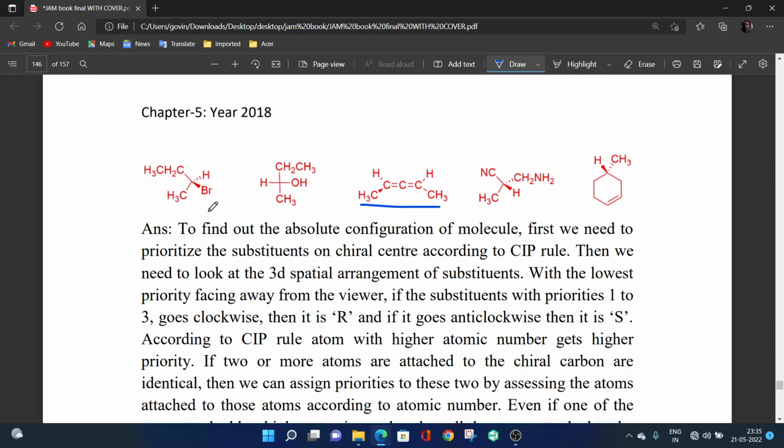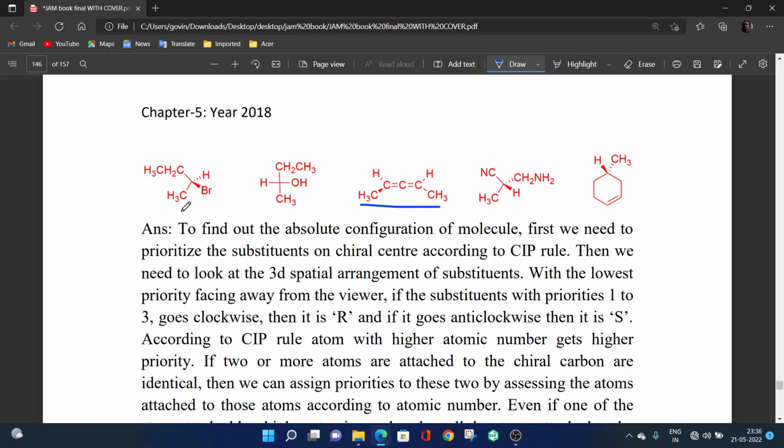So first, how do we give priority to the substituents? We give priority according to the atomic mass. We go bond by bond and look at the atom with the highest atomic mass. Wherever we find a difference, that means we find an atom with higher atomic mass, we stop there and we give the CIP rule configuration.